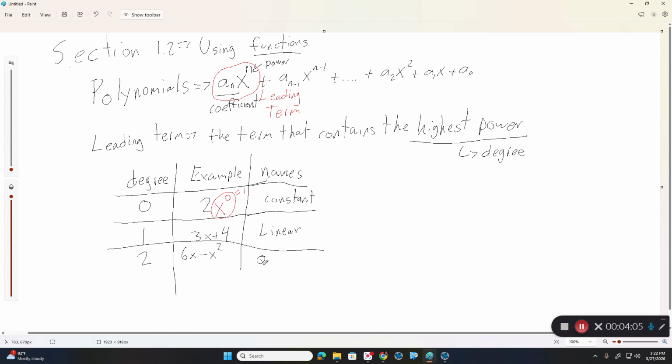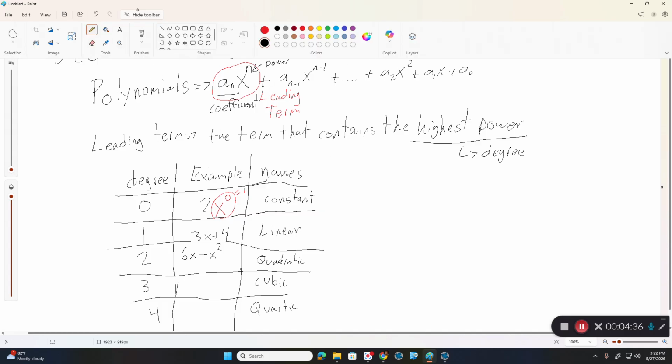We call that a quadratic. I'm going to stop writing the examples, but just to give some more, degree 3s are called cubic polynomials, and degree 4s are called quartic polynomials. And that's pretty much where the naming convention ends. We don't usually name those degree 5 polynomials any further.